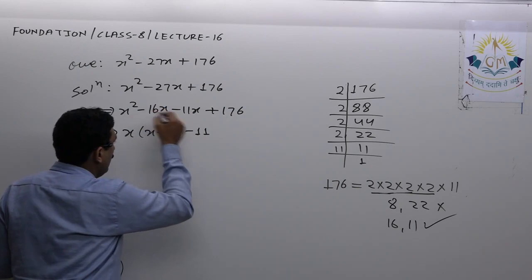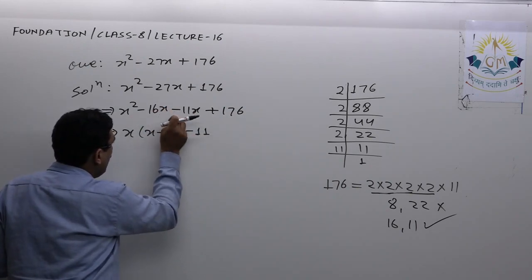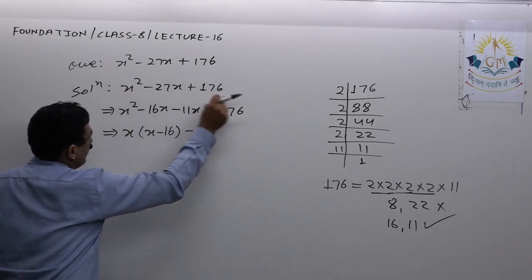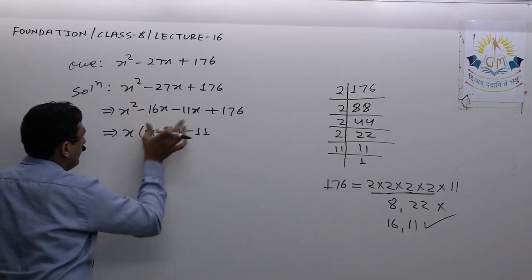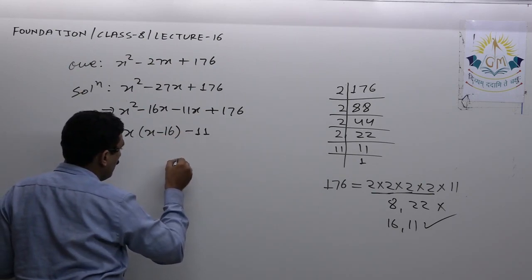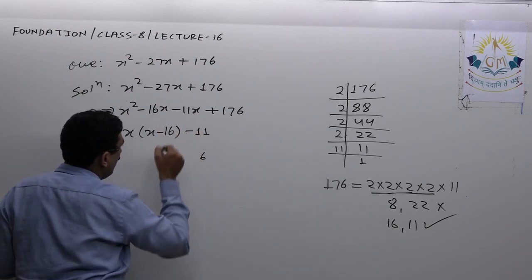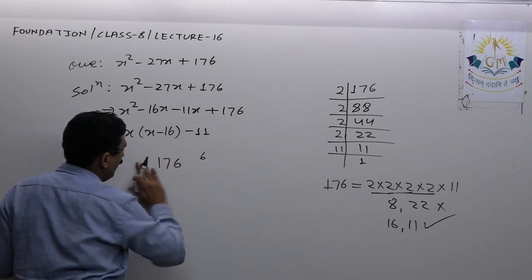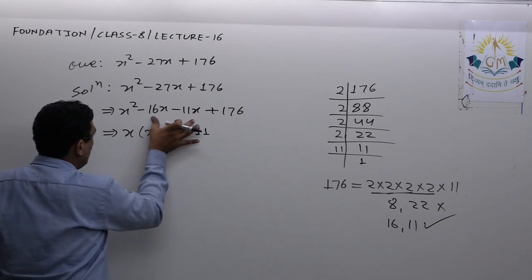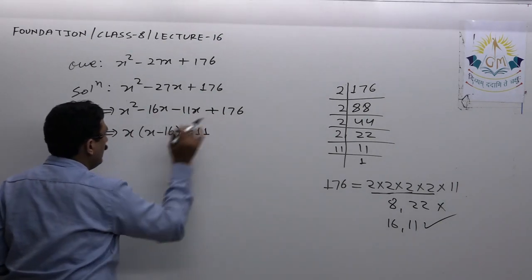Over here, let me check the product. First of all, the sign: this is negative, this is negative, so the product must be positive. Yes, the product of first and last is positive. Product of these two: 11 into 6 is 66, 6 carry, 11 into 11 plus 6 is 176. Yes, the product is also correct. That means the product of these two is the product of first and last.